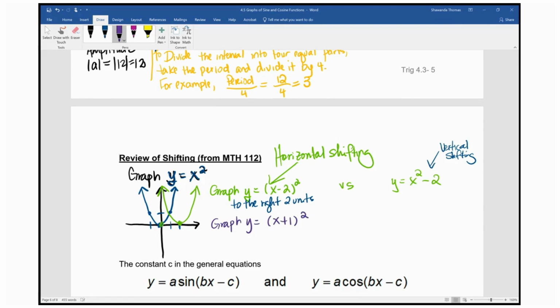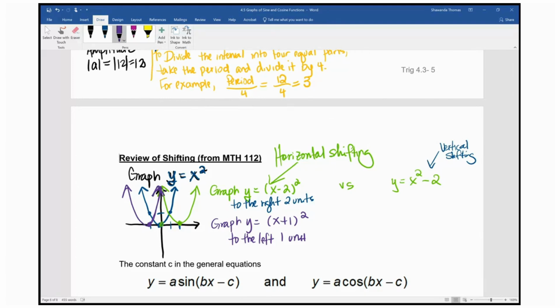Is that horizontal shifting or vertical shifting? Horizontal shifting. Horizontal shifting where? To the left 1 unit. So you'll be over here instead, like over here in purple here.